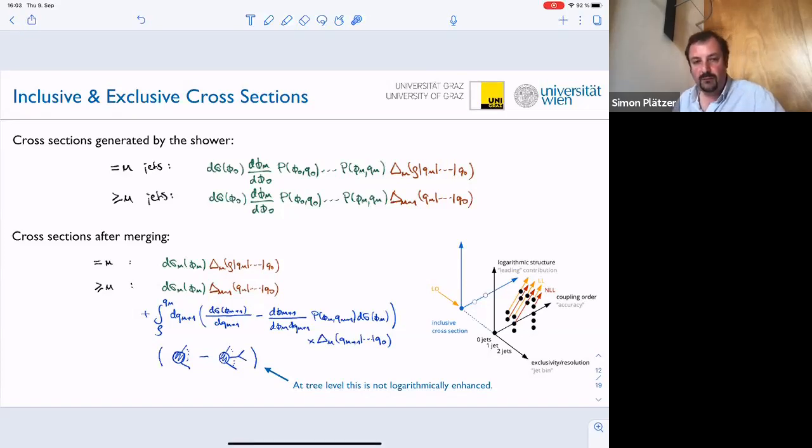Now, the region where we would get a logarithmic enhancement from this difference is, of course, the region where the shower would be a good approximation, so we don't expect any issue in here. And in fact, in inclusive cross-section, if the leading order merging works consistently, we'll not find any leftover logarithmic trace of our merging scale. That is another criterion for working merging.